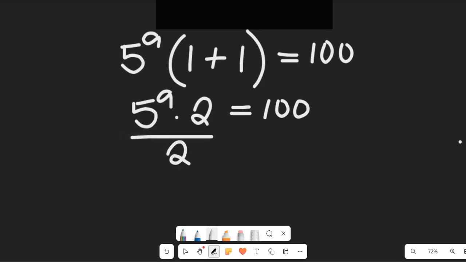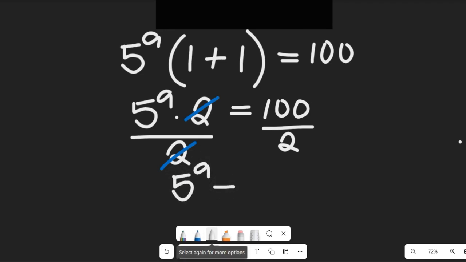If we divide both sides by 2, we're going to eliminate these 2 over here, and then we'll be left with 5 to the power of a equal to 100 divided by 2, which gives us 50.